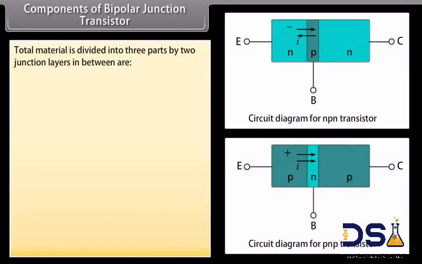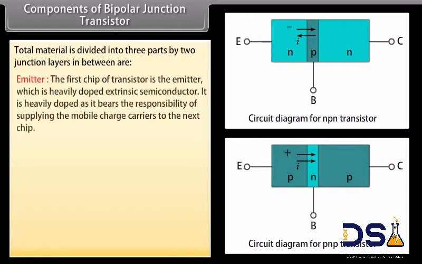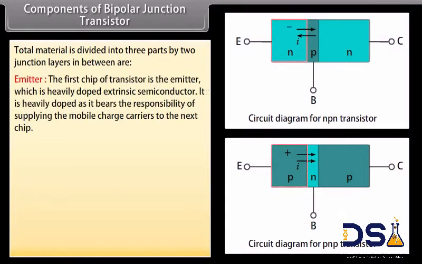The total material is divided into three parts by two junction layers in between. They are the emitter, base, and collector. The first chip of the transistor is the emitter, which is a heavily doped extrinsic semiconductor. It is heavily doped as it bears the responsibility of supplying the mobile charge carriers to the next chip.